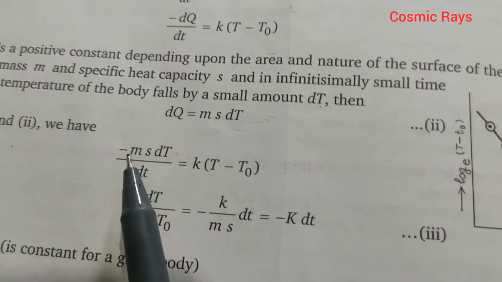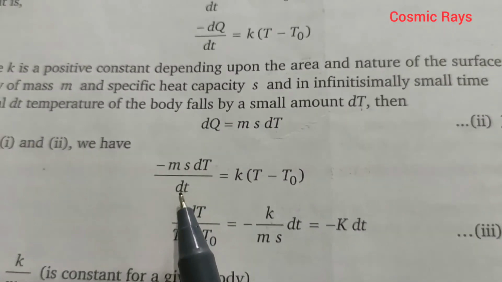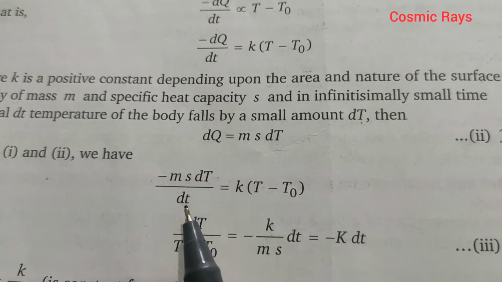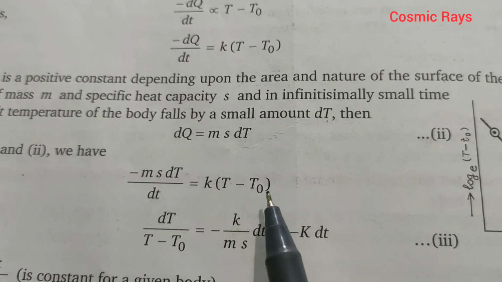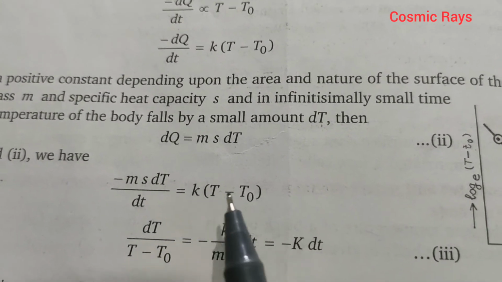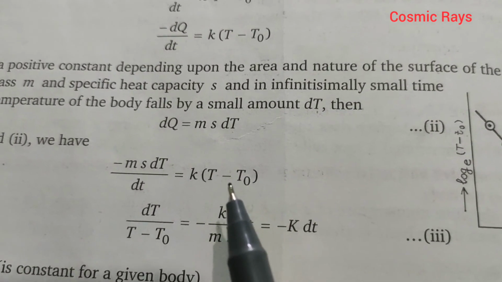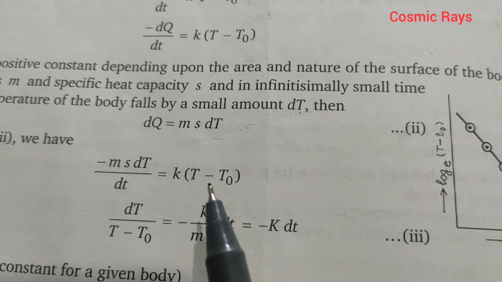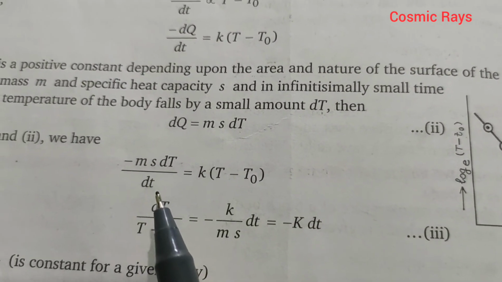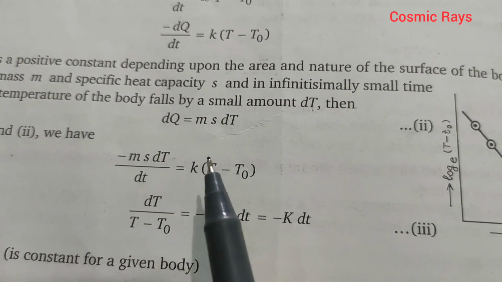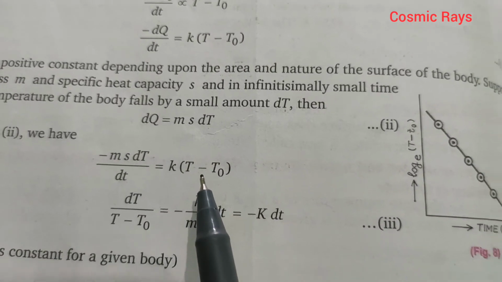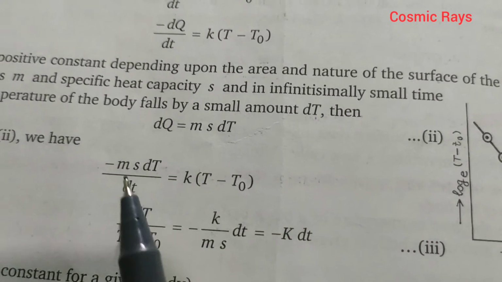So minus m s dT upon d small t, that is the time, is equal to k (T minus T naught). Now what we do is all the capital T's, they are for temperature, and this one small t denotes the time. So we bring all the temperatures or the terms containing the temperature together on left hand side.